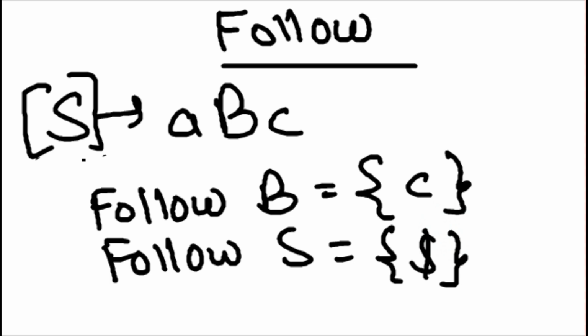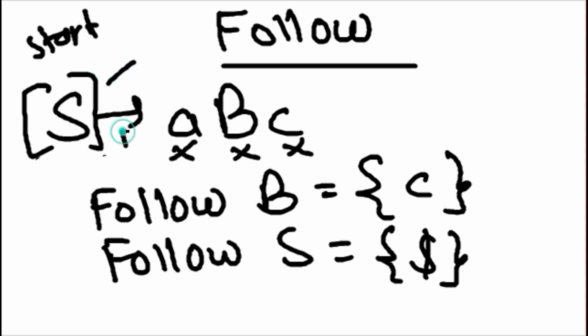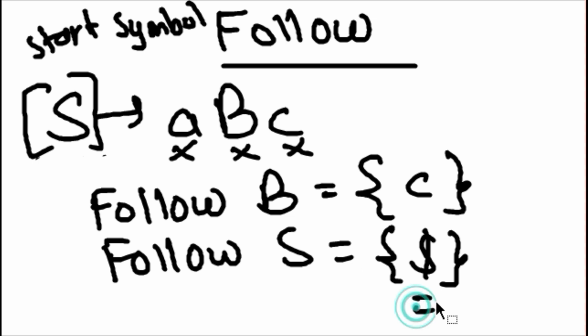How do I know that follow of S is dollar? Because S is a start symbol. Anything on the left hand side that starts the production before this arrow is called a start symbol, and the start symbol will always have a dollar. That is why follow of S is equal to dollar.